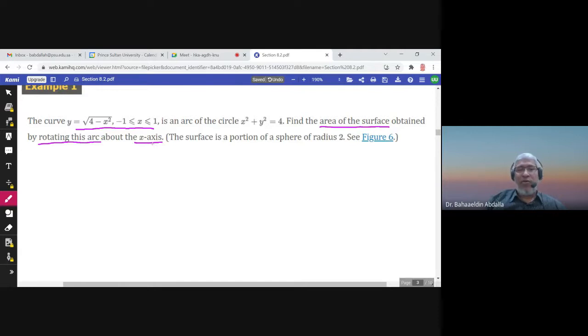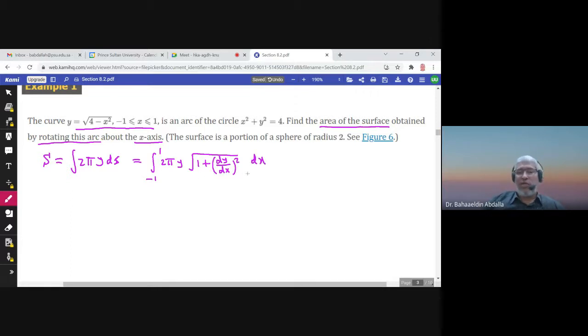If we are rotating about the x-axis, then I immediately write that S is 2 pi y ds. And since the limits of x are given, I will write from -1 to 1, 2 pi y, and for ds, I will write the formula, square root of 1 plus (dy/dx) squared dx.